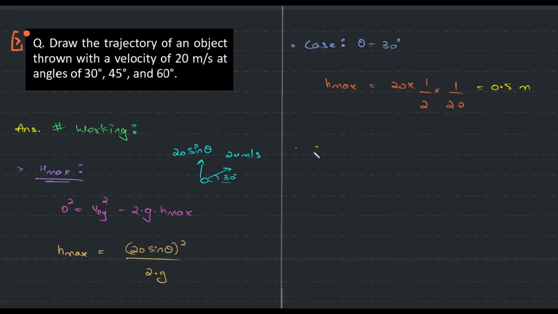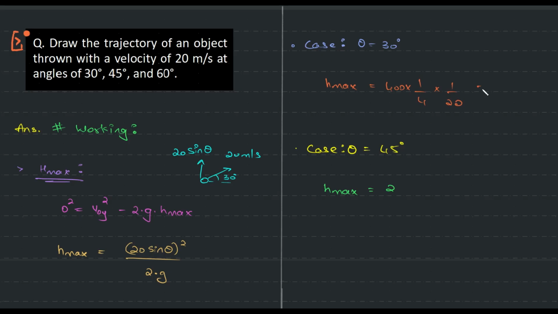Then we have case theta is equal to 45 degree. So h max is how much, guys? This will be, 20 square, my bad. All of this is wrong. So this would be 400 into 1 by 4 into 1 by 20.